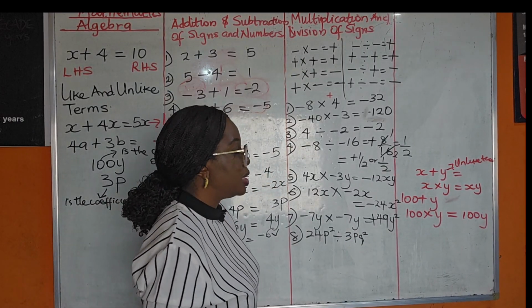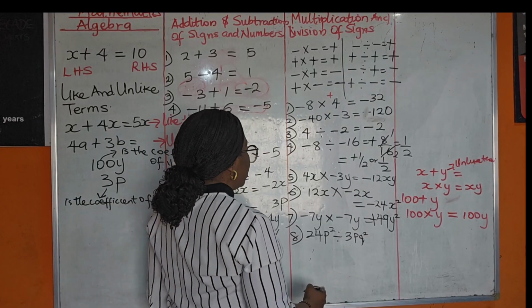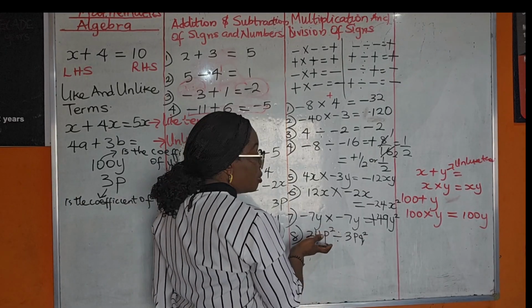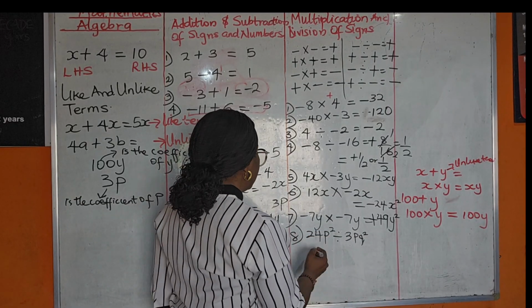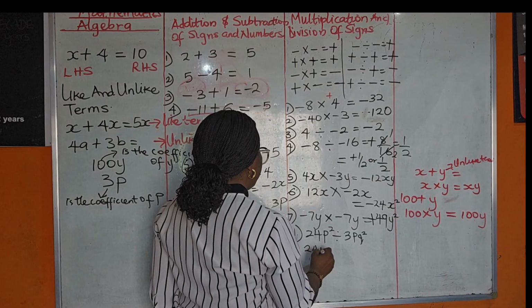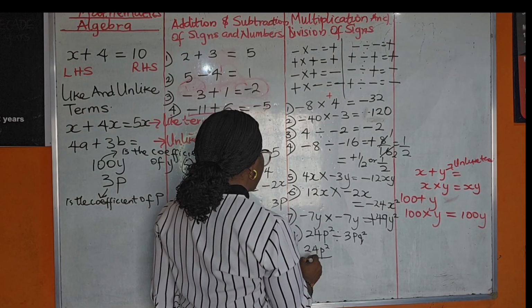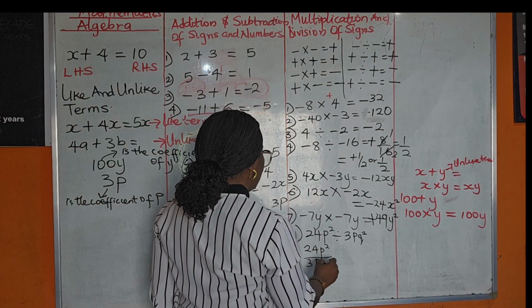You have to solve something like this. So let's put it out in the numerator and denominator format: 24p squared over 3pq squared.